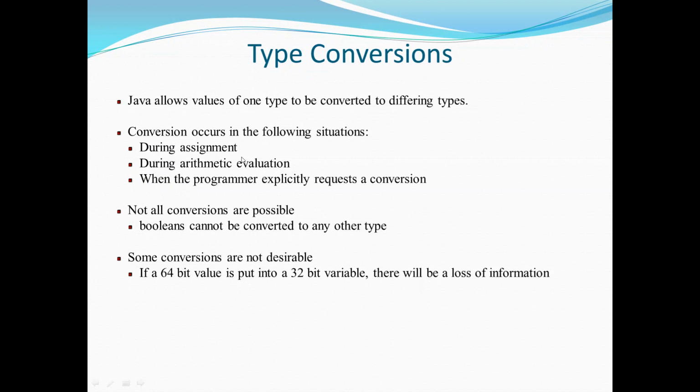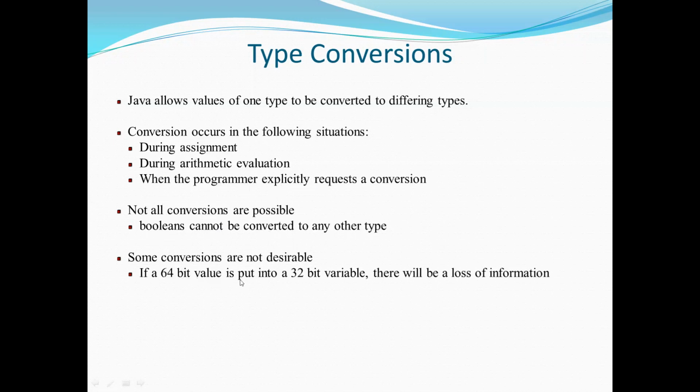And third, when the programmer explicitly requests a conversion. The first two happen automatically, and if that fails, the programmer can request the program to convert the value to another type. And one more thing, not all conversions are possible: boolean cannot be converted to any other type.